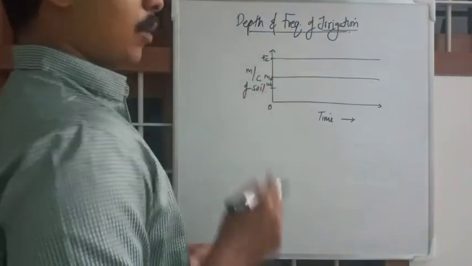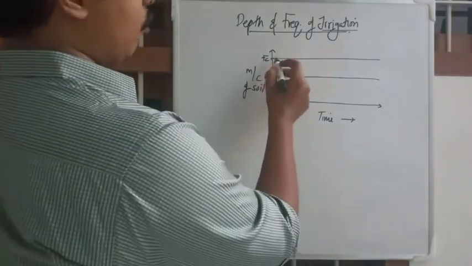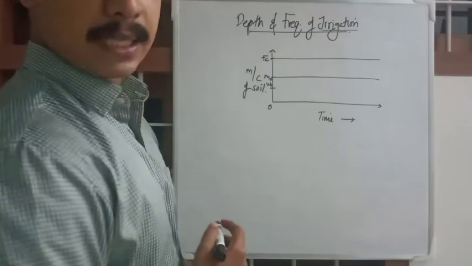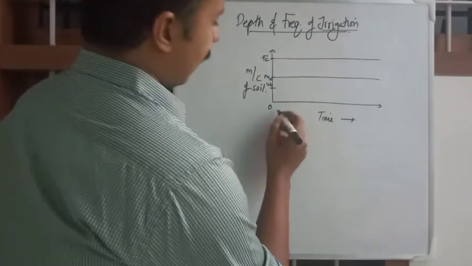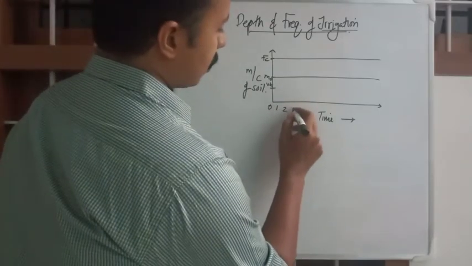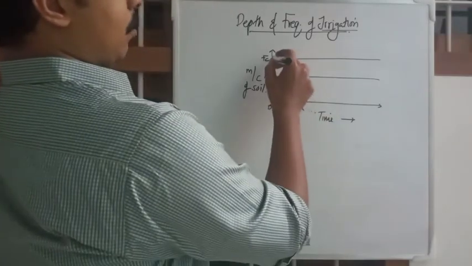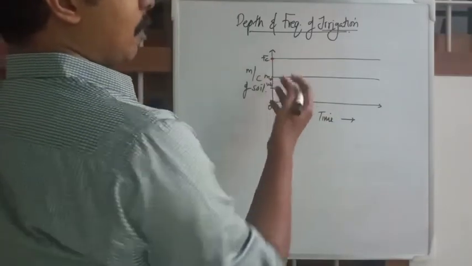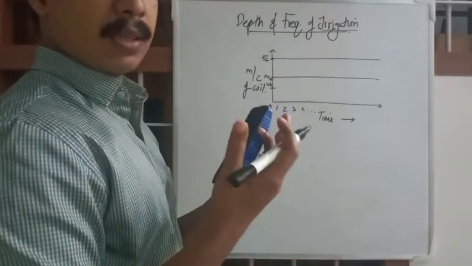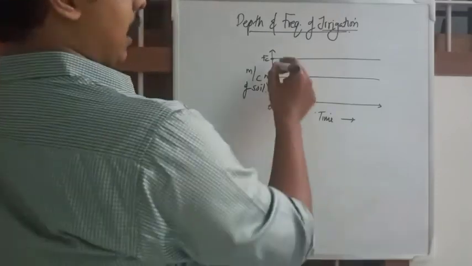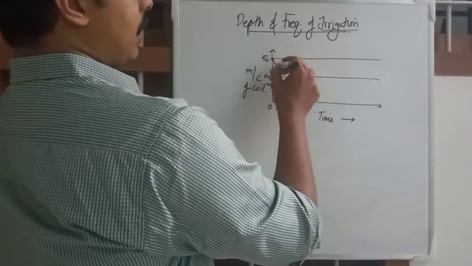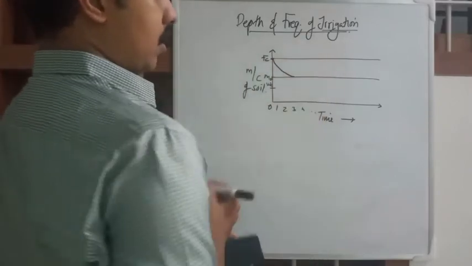While watering or irrigating we will be filling water till FC. Then as time progresses, 2 hours, 3 hours, 4 hours, etc., this water will be taken up by the plants, by the trees, and thus the moisture content will be lowering like this.